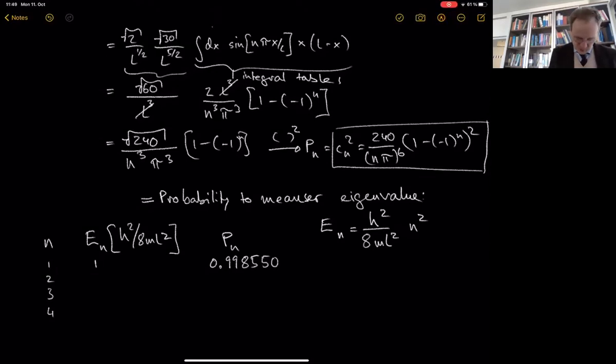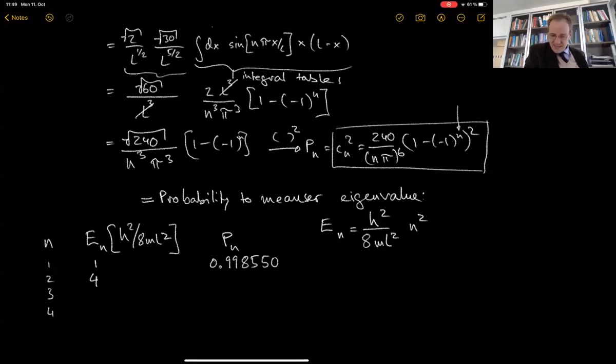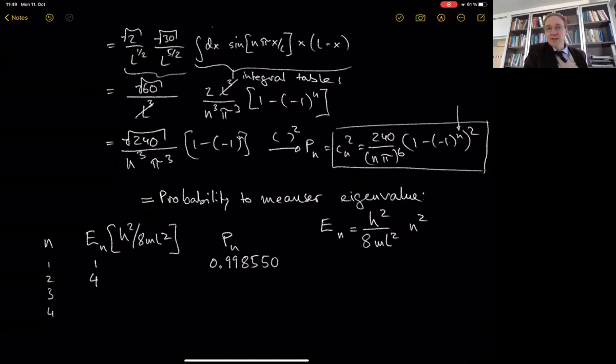What happens for 2? Right? Your energy grows quadratically. So here we have 4. Now, if you put this in 2, you see here, we will get a multiple of -1 for even exponents that will cancel exactly with the 1 in front of it. So this must be 0.